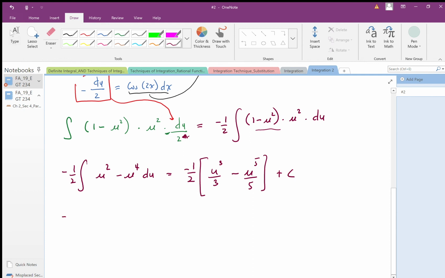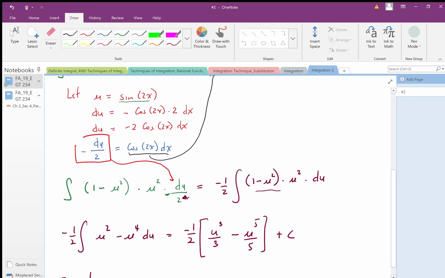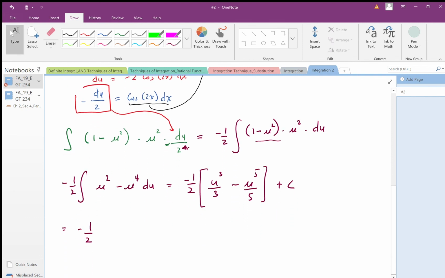Okay, so you just go back and substitute. Our u was sine 2x. Well, let me just do it bit by bit: sine cubed 2x over 3 minus sine to the 5th of 2x over 5, plus c.